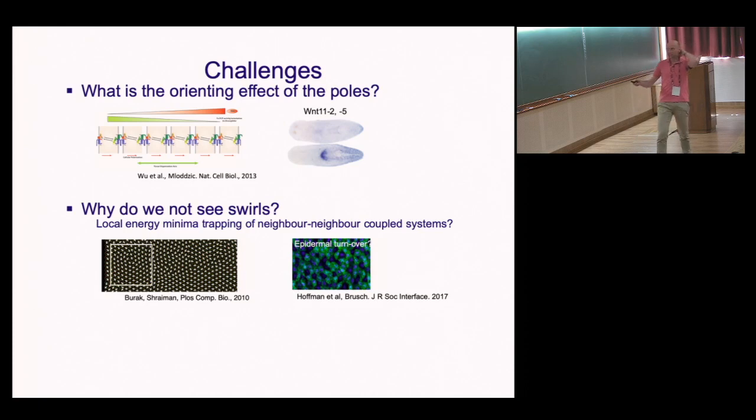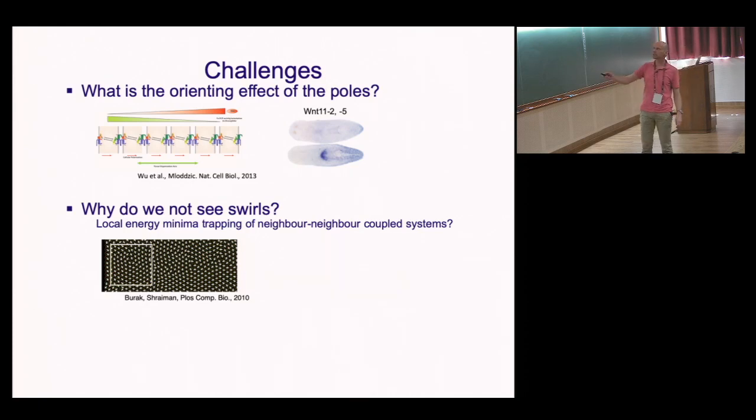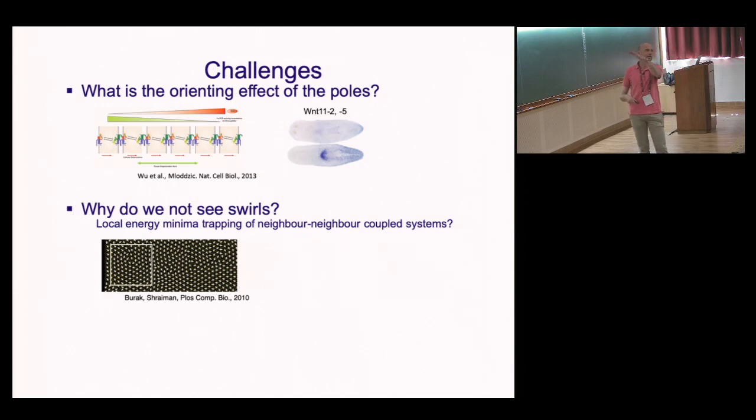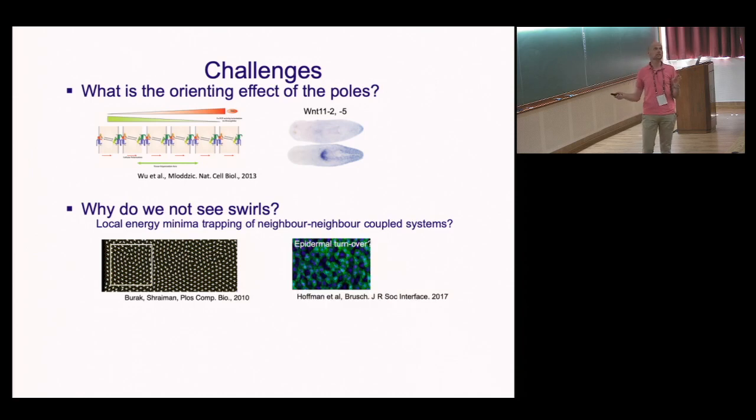one possibility could be again related to this idea that gradients are actually important for orienting polarity, right? We know that in planarians there are these long-range signaling gradients, so it is possible that they present an orienting influence. Another possibility is that the epidermis of planarians, as I showed you yesterday, is highly dynamic.